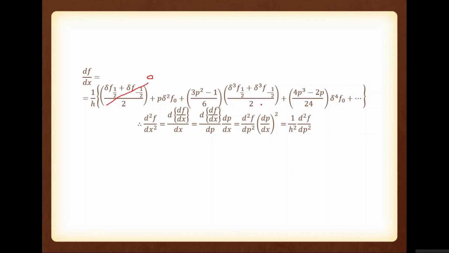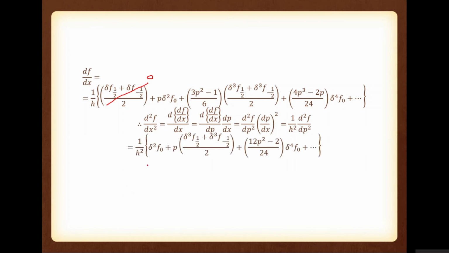Now what about this term? This term will become 12p square minus 2 divided by 24, into delta raised to 4 f0 plus etc. We have up to this term, so that is sufficient. So please note d square f by dx square is equal to 1 by h square into the differentiation.